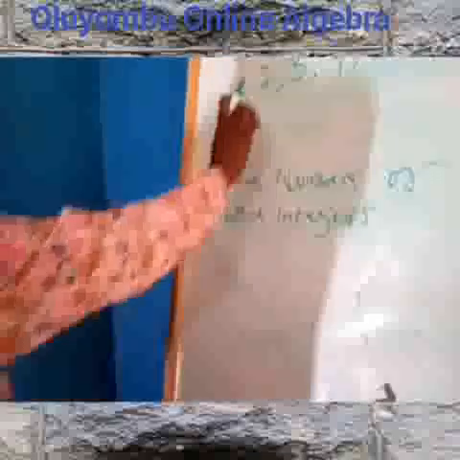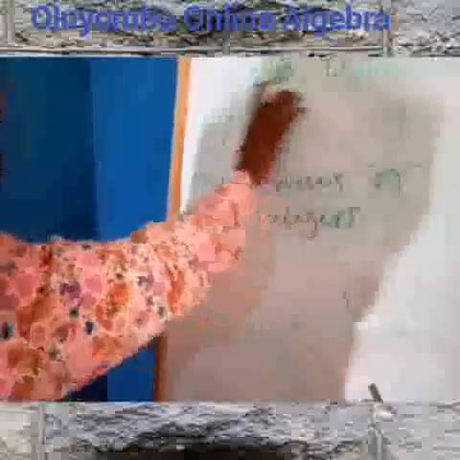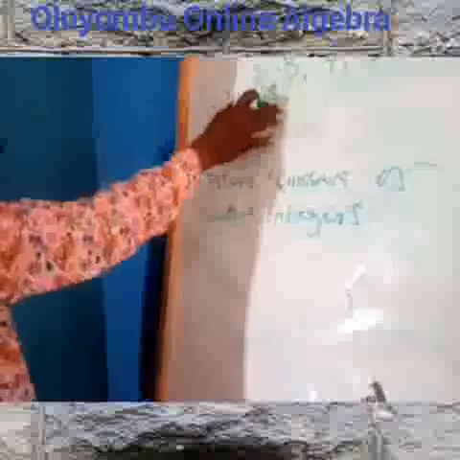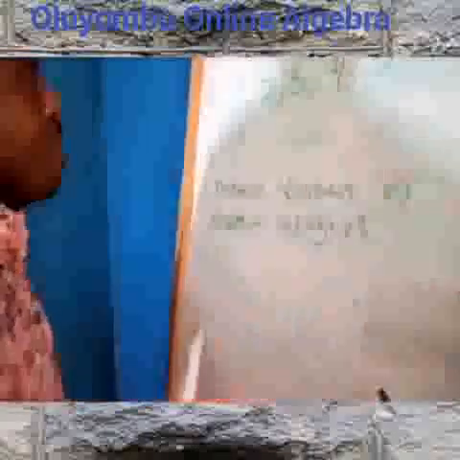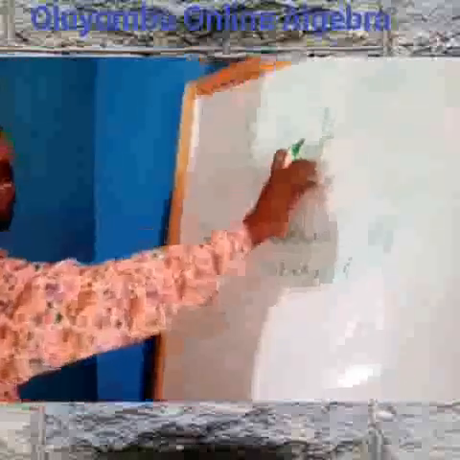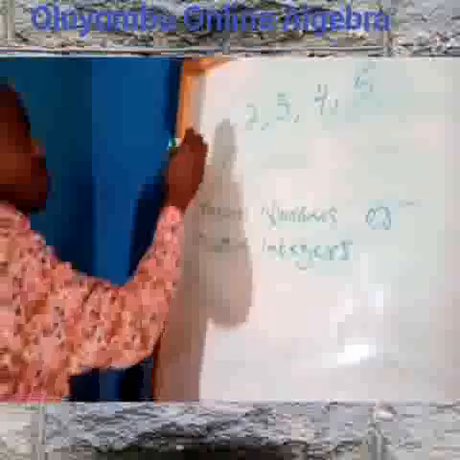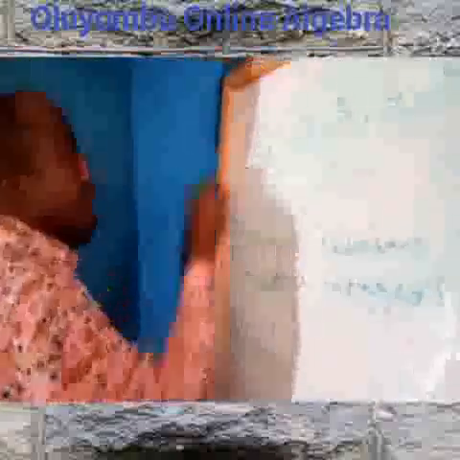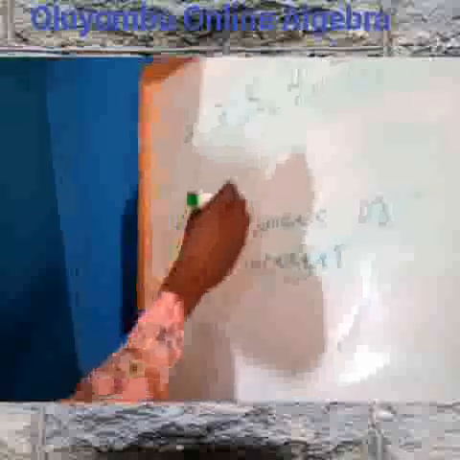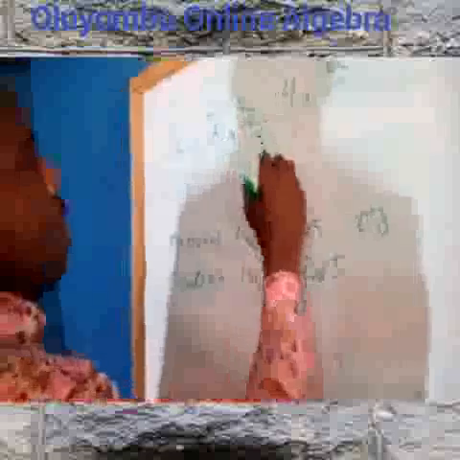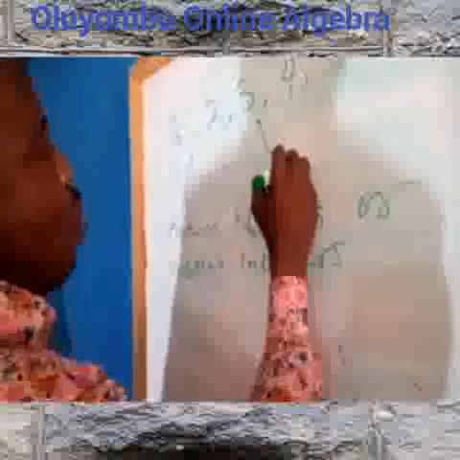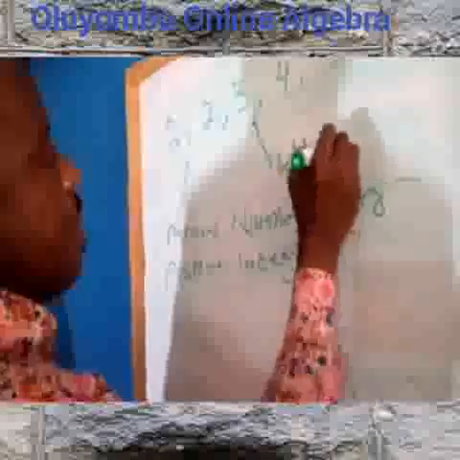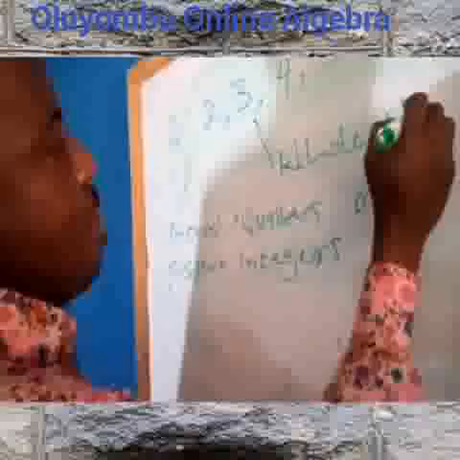So if we want to describe the above completely, we need to expand it to include 0. With this 0 here now, this is what we call whole numbers.